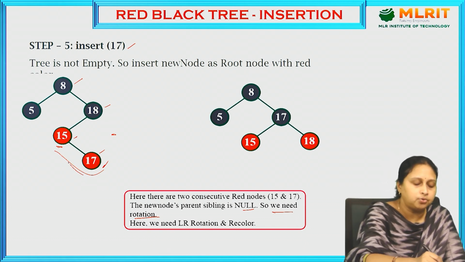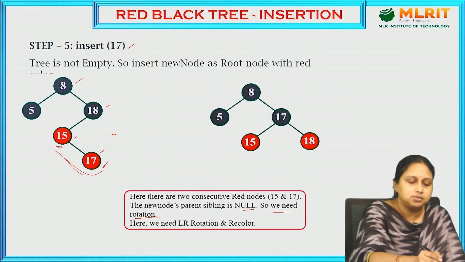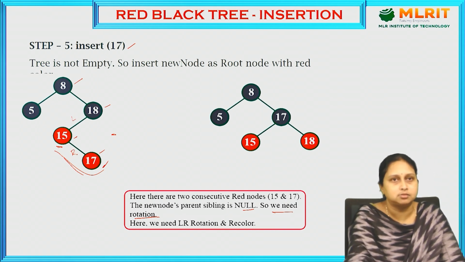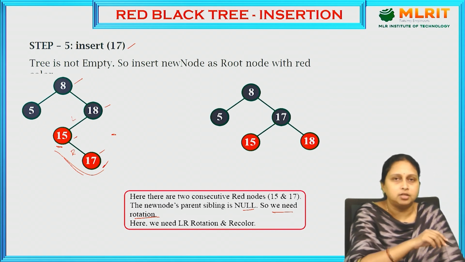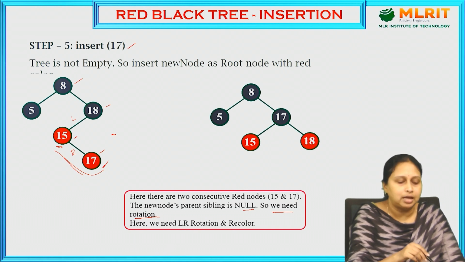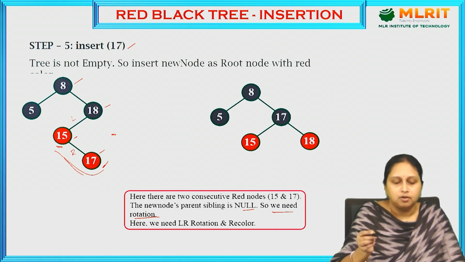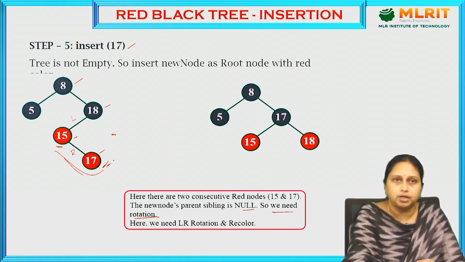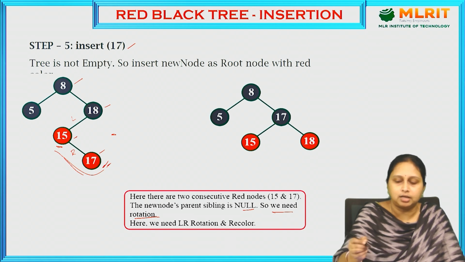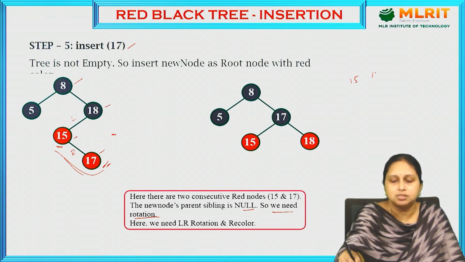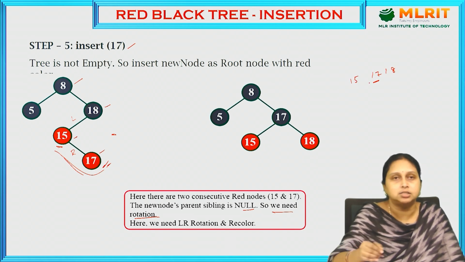If I am going to do this rotation, what rotation do we need to do here? This is because of LR, right, LR. That means we need to perform the LR rotation. When I do the rotation here, we get the elements like this: 15, 17, 18. 17 is the middle element.